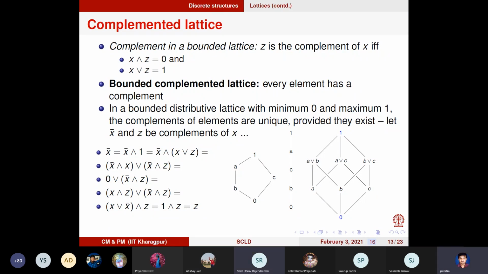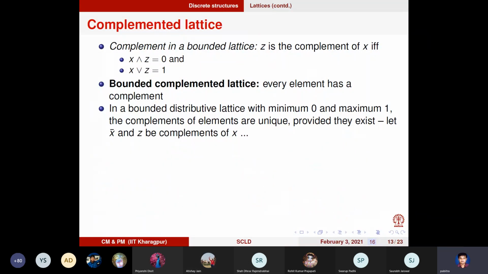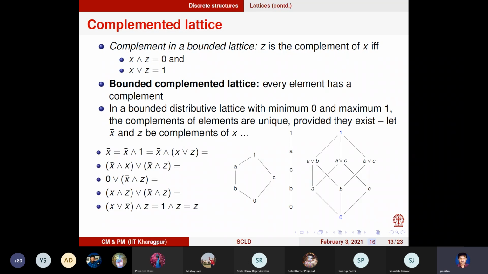There is no complement. So it's not a bounded lattice. Sorry, it's a bounded lattice. It's not a complemented lattice. Okay, so a bounded lattice need not be a complemented lattice.